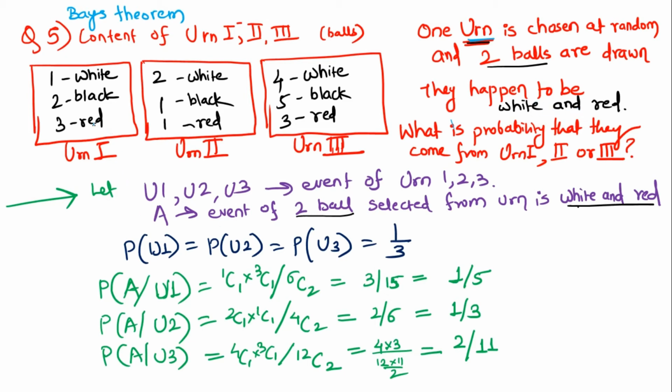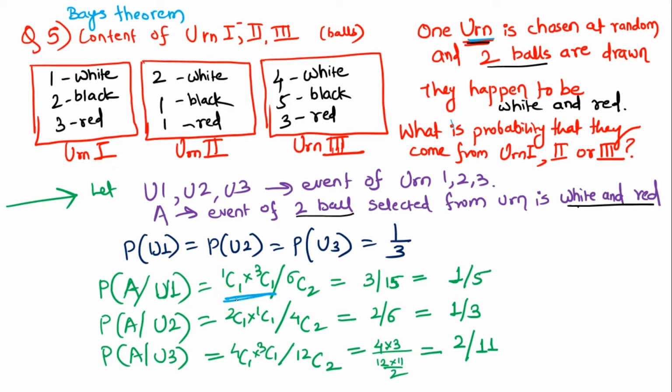Now just understand how we will select this for the first urn. In the first urn we have one white ball, two black balls, three red balls. There are a total of 6 balls. We have to take one white ball and one red ball. The possible ways in which we can select one white ball and one red ball is 1C1 for the white ball into 3C1 for the red ball, divided by the sample space.